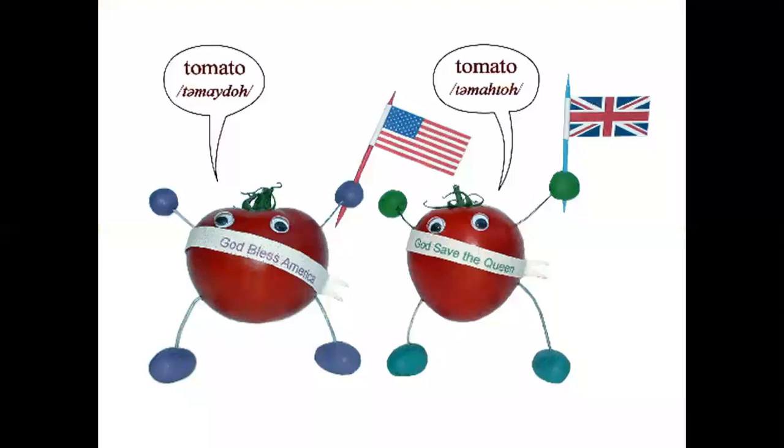So the word tomato, how do you say it? In British, you will say it as tomato, but in American, you'll say tomato. That A sound will come in American. So these are different kinds of pronunciation between American and British.